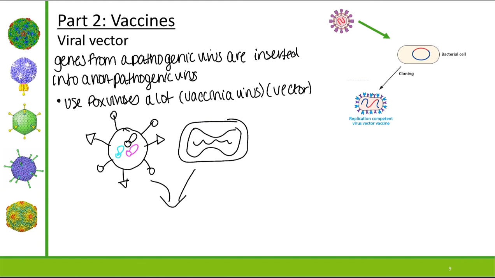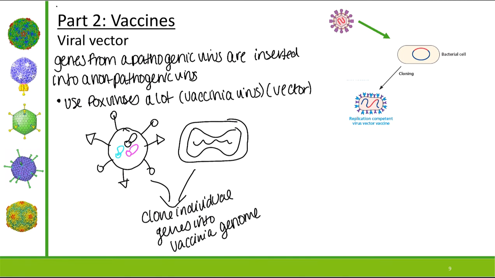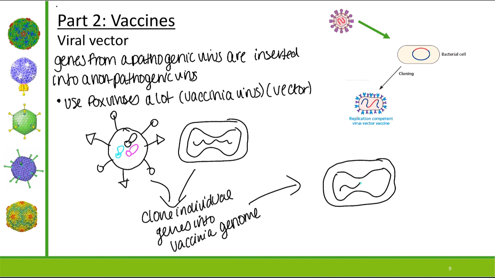And again, what we're going to do is clone those individual genes into the vaccinia genome. And I'm running out of room, so let's draw it over here. And so what we might now get is a pox virus that has a gene from that pathogenic virus, and now maybe it's able to express a different glycoprotein, and this is going to be now our vaccine.